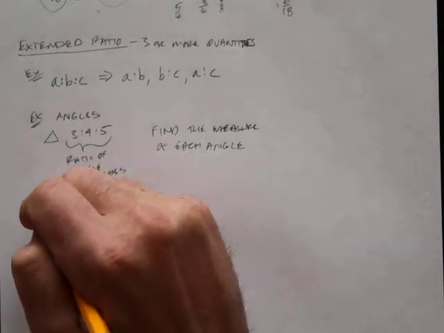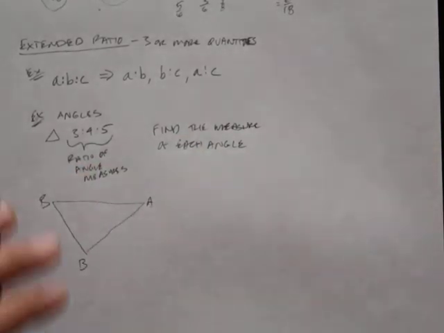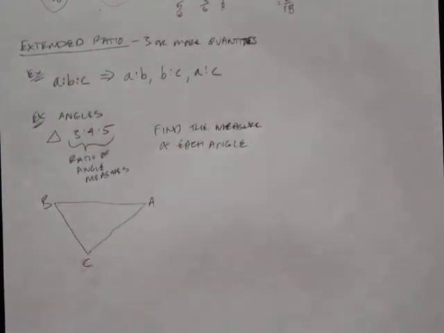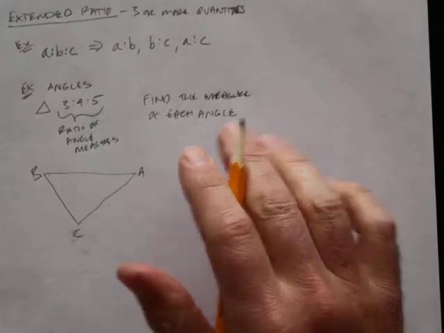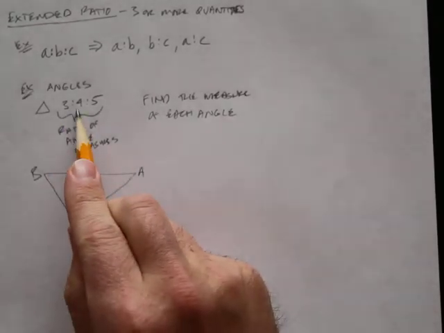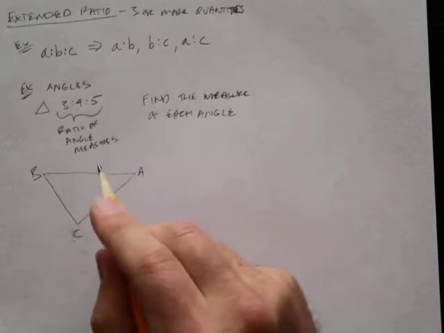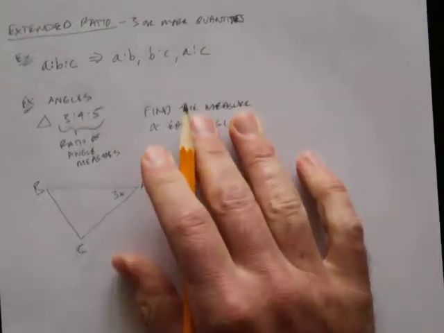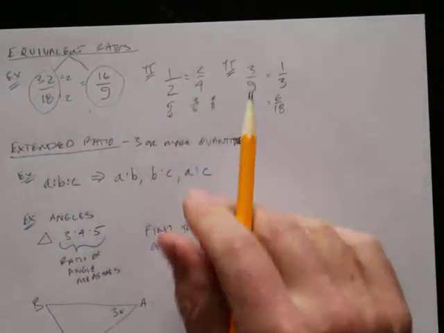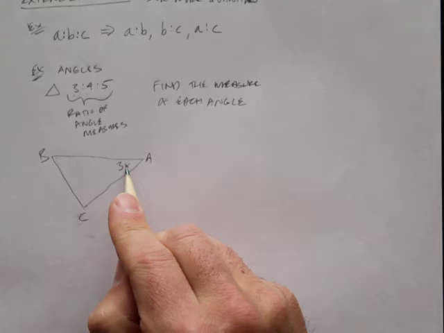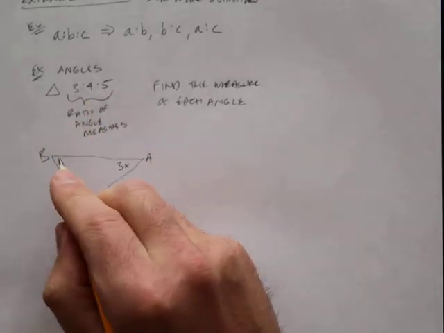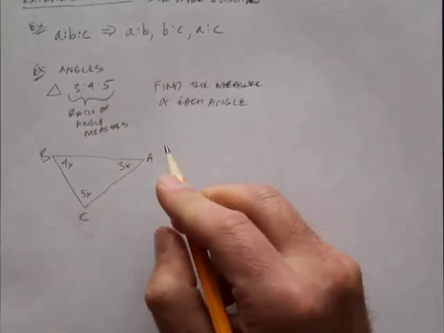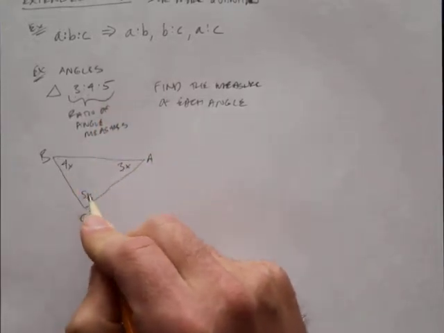On my previous notes, I did it this way, so let's just do it the same way. So let's say this is A and this is B and this is C. So A would be 3 times a number, right? Because up here we're multiplying by a number or dividing by a number. So 3 times a number. B is going to be 4 times a number. And then C is going to be 5 times a number because my ratio is 3 to 4 to 5.